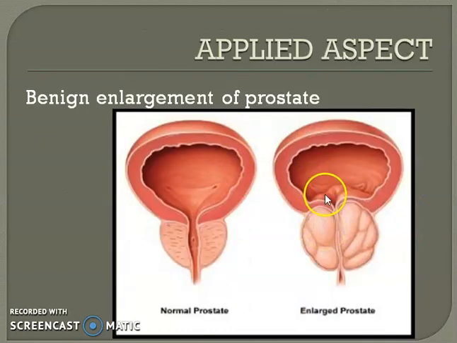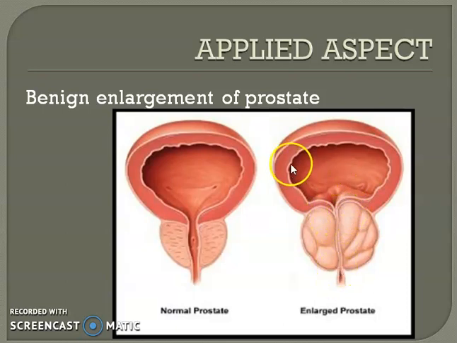So, applied aspect of the prostate, there can be benign enlargement of the prostate, which is seen in this diagram, mostly because of adenoma, mainly in the median lobe. So whenever there is an increase in the size of the median lobe, it acts as a ball valve mechanism to obstruct the outflow of urine.